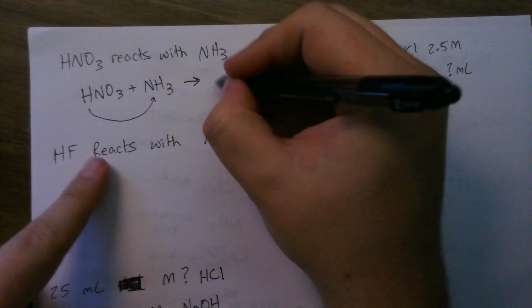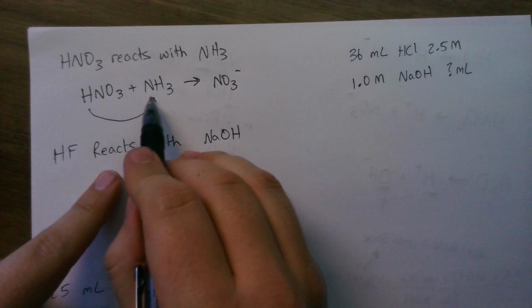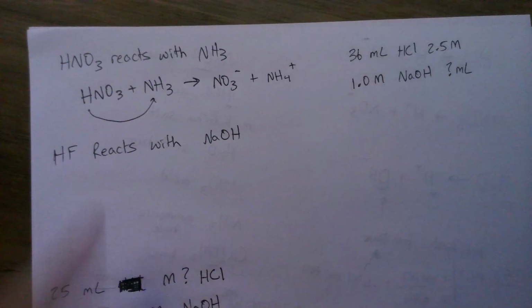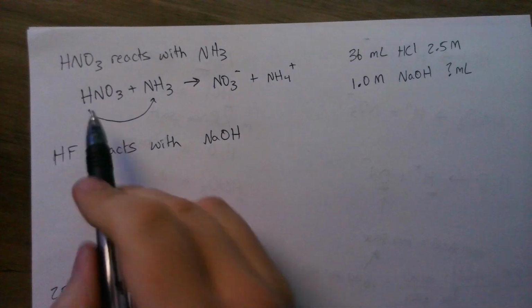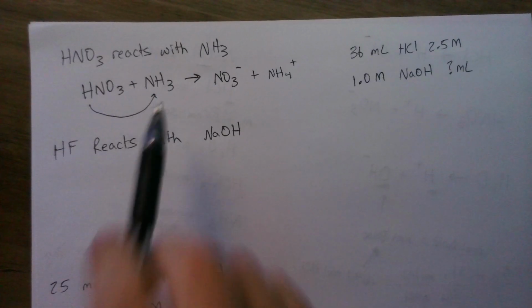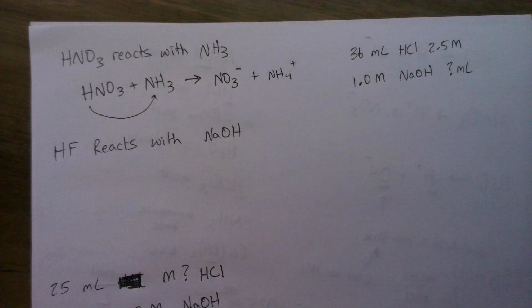So you'll be left with some NO3 minus. The H goes over to NH3 to make NH4 plus. You are transferring a single proton over. That's your reaction. I think it's relatively easy. It looks weird when you get some weird acids and bases, but for one like this, it works out really nice.